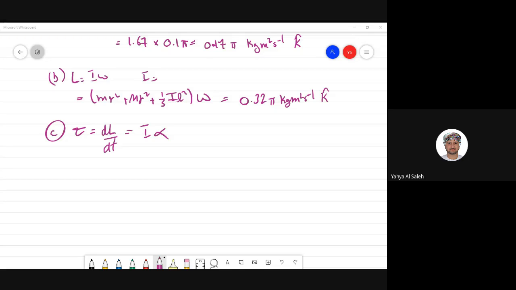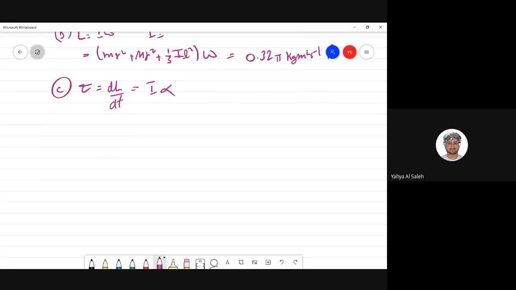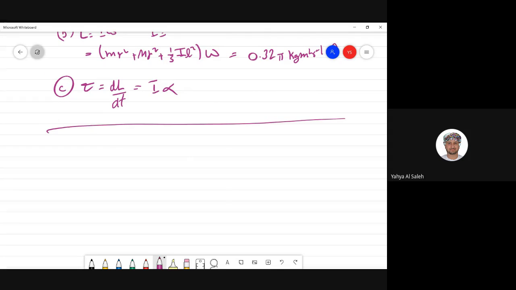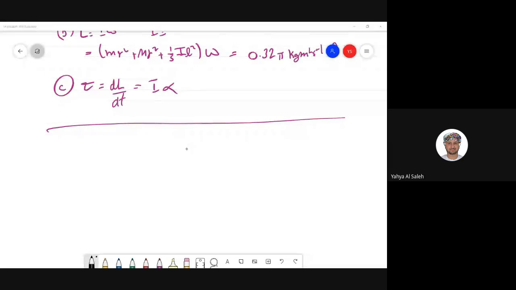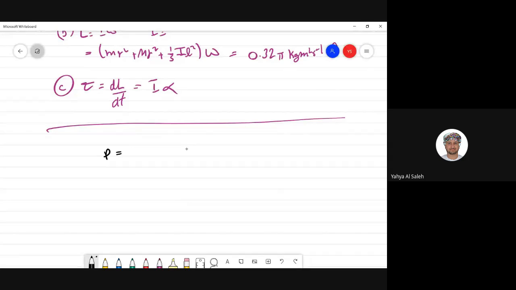L is angular momentum. So just like in translational motion, we had p equals mv, which we called momentum, and which we said is conserved, right?